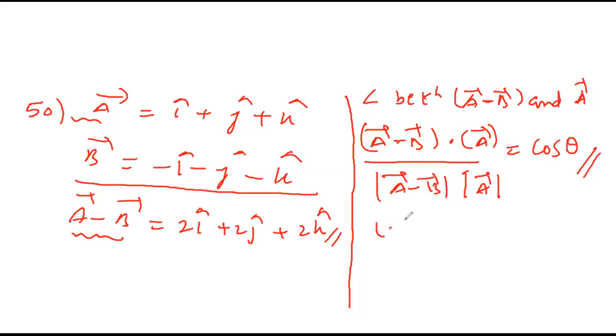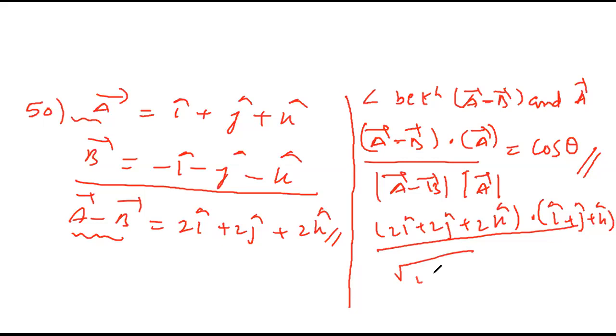So this is 2i plus 2j plus 2k dot I cap plus j cap plus k cap, upon root of 2 square plus 2 square plus 2 square into root of 1 square plus 1 square plus 1 square. This is cos of theta.